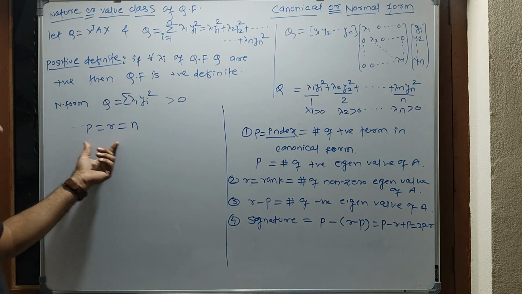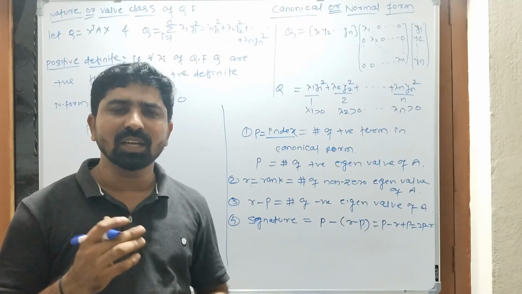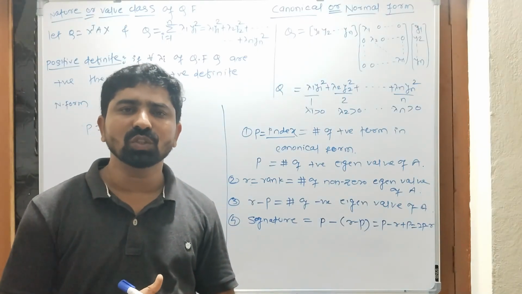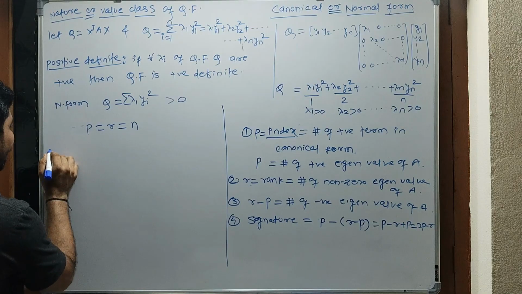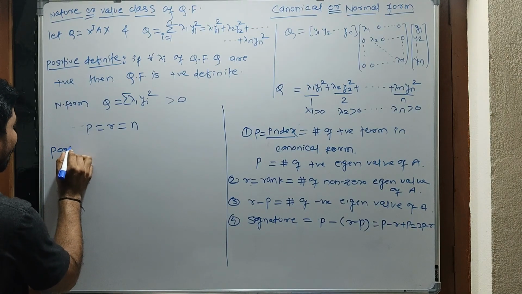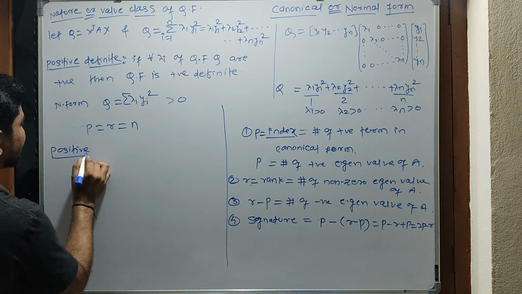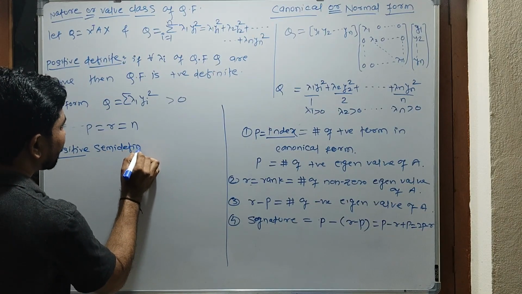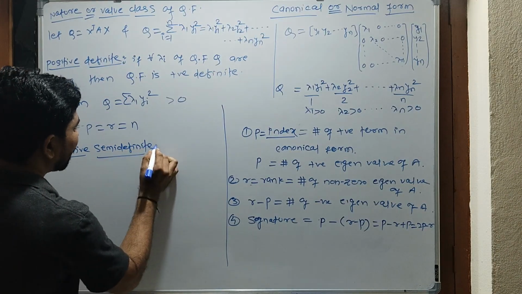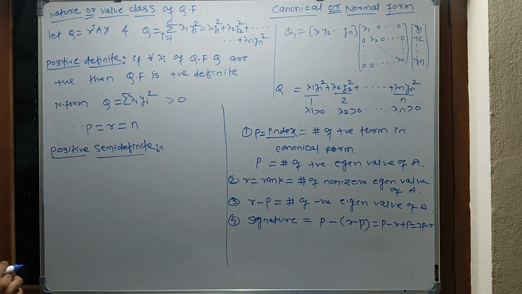Now if all the lambda are positive and at least one eigenvalue is 0, then the quadratic form is positive semi-definite. Here I will write the definition.